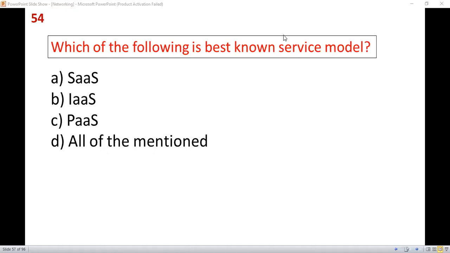So we can say that the SPI model is the best known for the service model. So we can go with the last option, which is all of the mentioned.